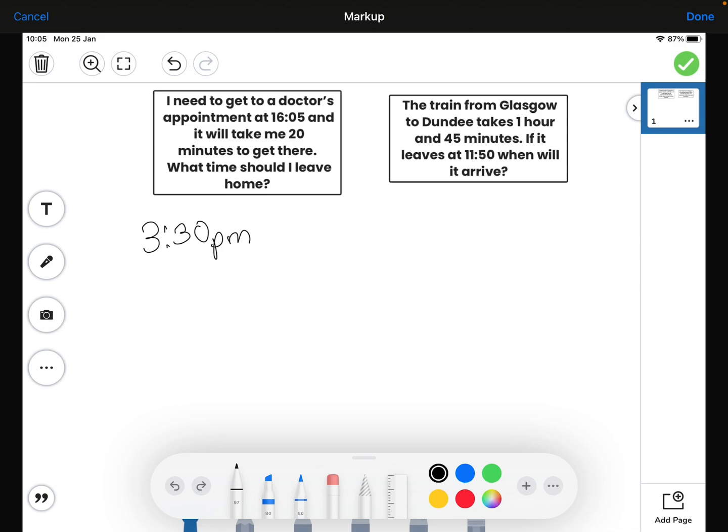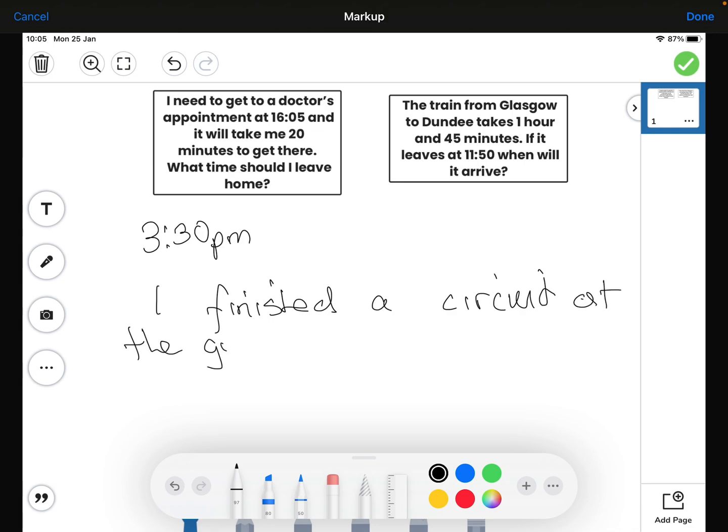I finished a circuit. This is a good one. At the gym. That's just a session. That's how many sessions that you do at activities. So where was I? At the gym at 3:30.